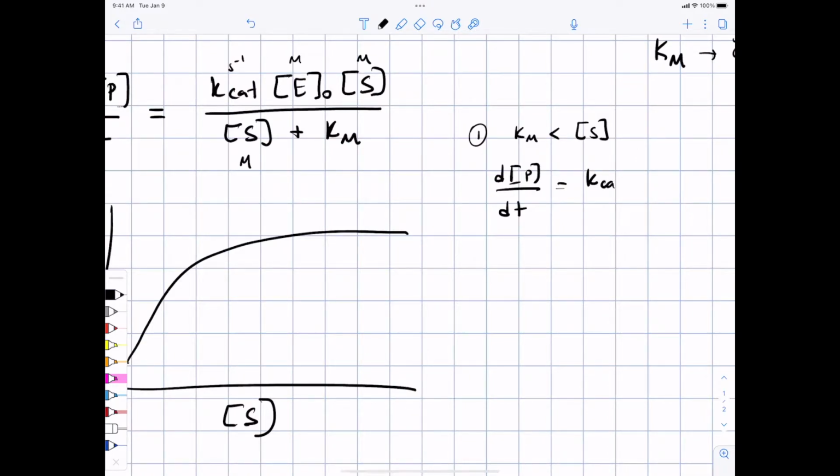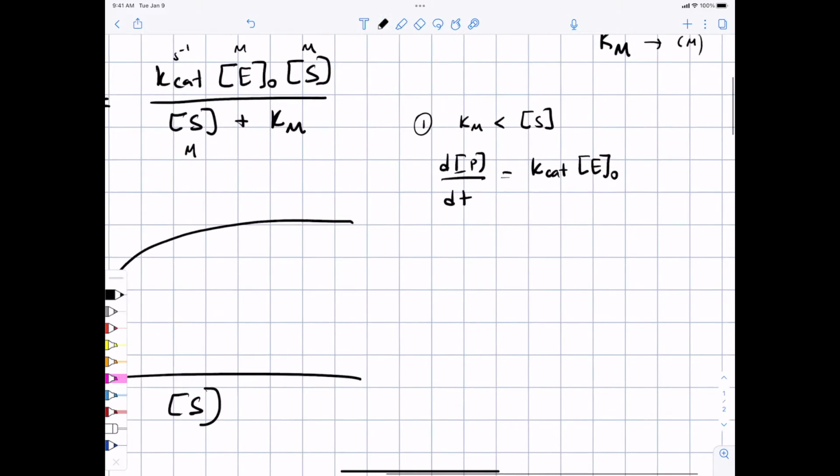And then the only thing that matters for the rate of the reaction is the kcat and then the concentration of enzyme. In other words, it's independent of substrate. We would say that kcat is a first order rate constant here.